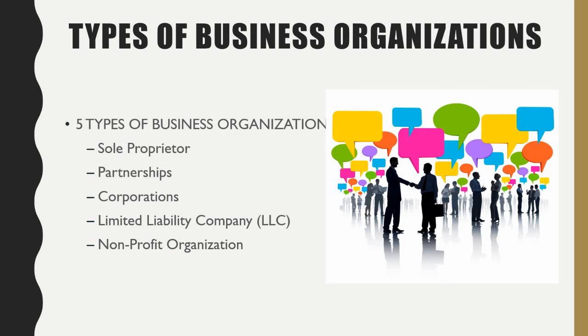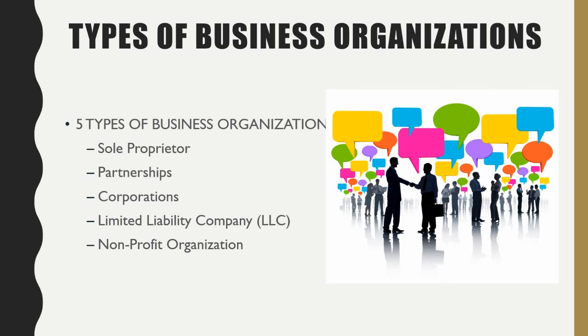Let's go ahead and talk about the 5 different business types that exist. We've got sole proprietors, partnerships, corporations, limited liability companies, and last but not least, we have our non-profit or not-for-profit, whichever one you recognize it as. These are usually the top 5.